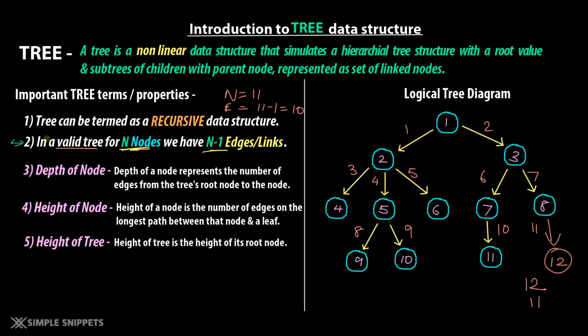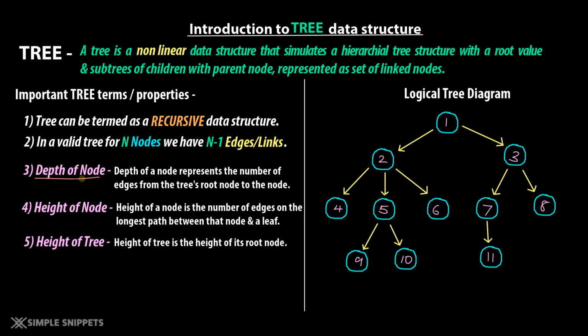Now let's see 3 important properties, or you can say important attributes, of a tree. The first one is the depth of a node. The depth of a node represents the number of edges from the tree's root node to that particular node. Whenever you want to calculate the depth of any node, you calculate the number of edges from the root node to that node.